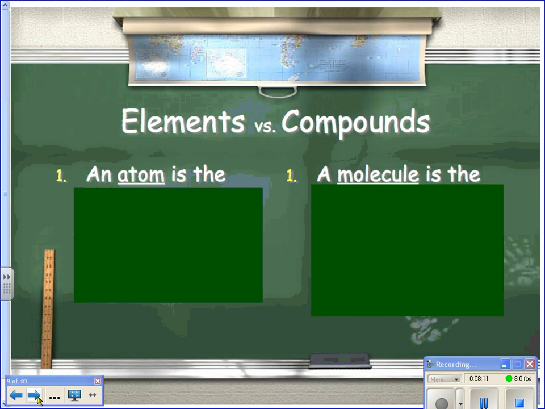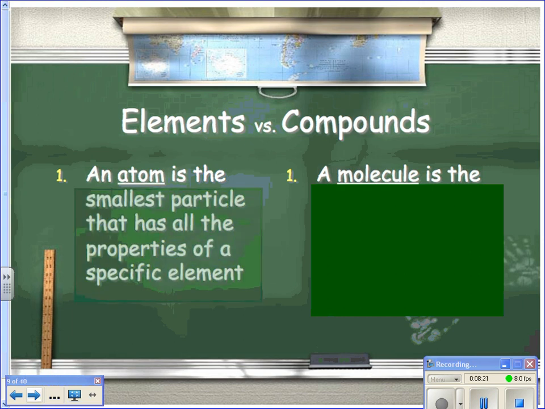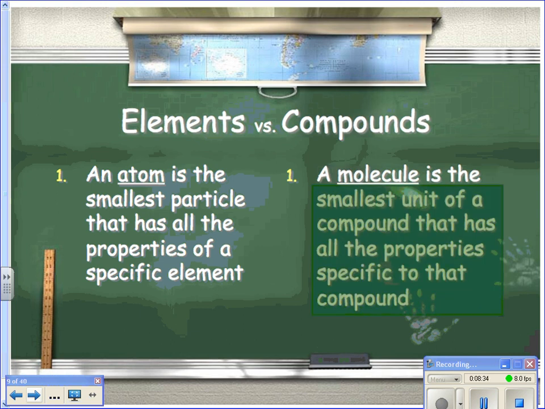So on the element side, an atom, as we're comparing it to a compound or a molecule, is the smallest particle that has all of the properties of a specific element. A molecule is the smallest unit of a compound that has all the properties specific to that compound.